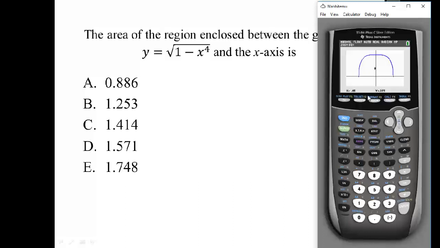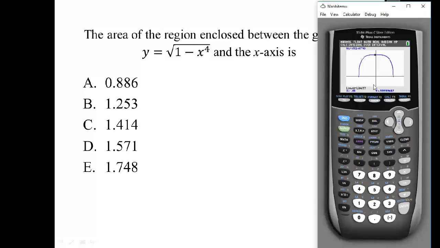So how do we find the area under this? Well, there's a couple of ways you can do it. Right here with this, you can actually go in here and calculate and find number 7, the integral of f of x dx. This is not the best way to do this.